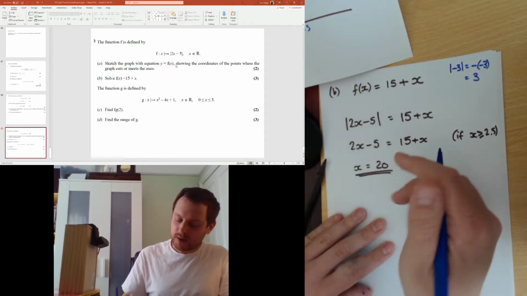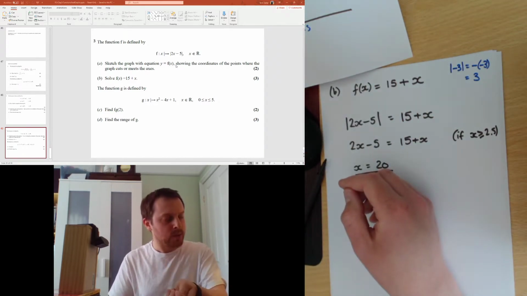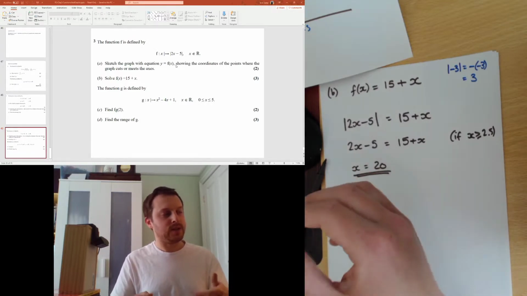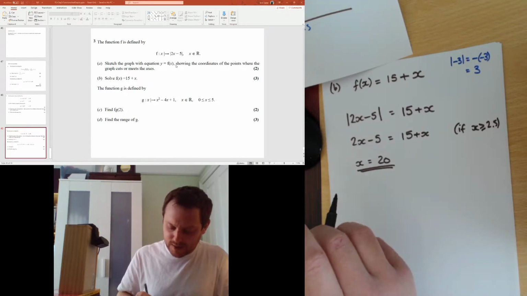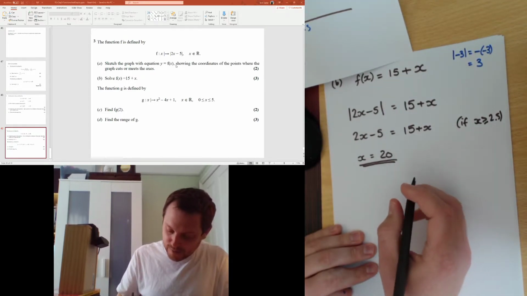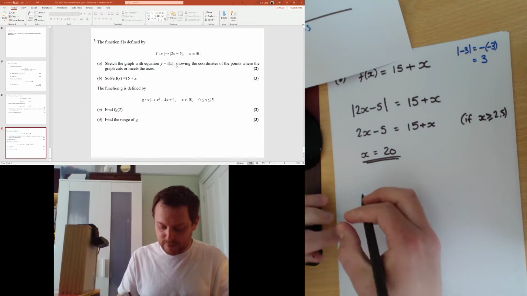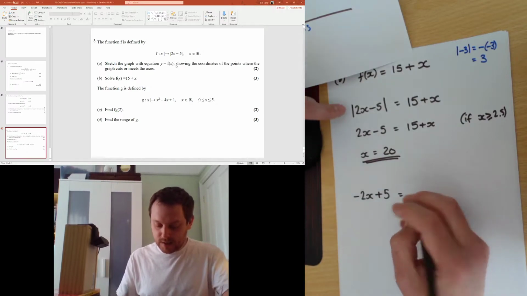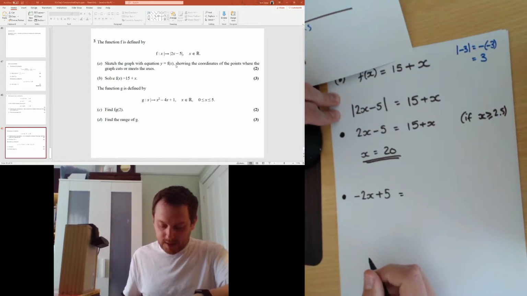If you look up the definition of the modulus, you'll see it kind of splits up into, it either equals x or it equals -x, and it equals -x if x itself was negative. So what that does is it always produces a positive answer. Anyway, hopefully I've not said anything too confusing there. I'm confusing myself, so I'll just kind of get on with this. So 2x minus 5, the negative of that is minus 2x add 5. So that's like two possibilities.